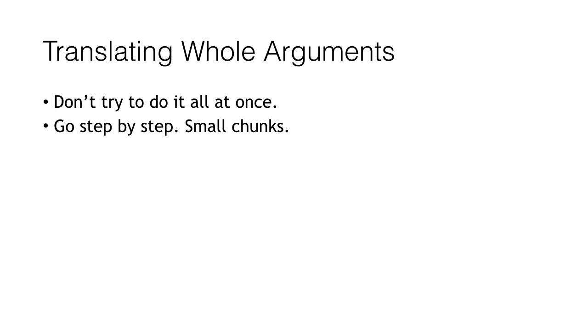One of the important lessons of a class like this is this almost analytical way of tackling a problem, right? Break it into very small pieces and take it step by step very slowly. That's the key to a lot of stuff in logic, and it's the key to translating whole arguments. Do it slowly, go step by step. Don't bite off more than you can chew, you might say.